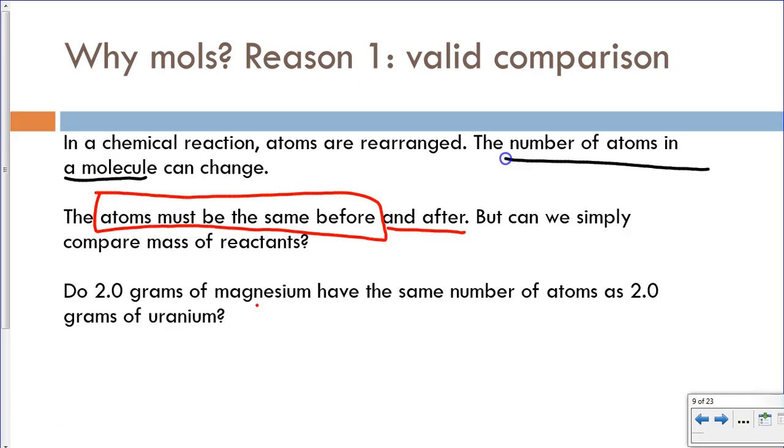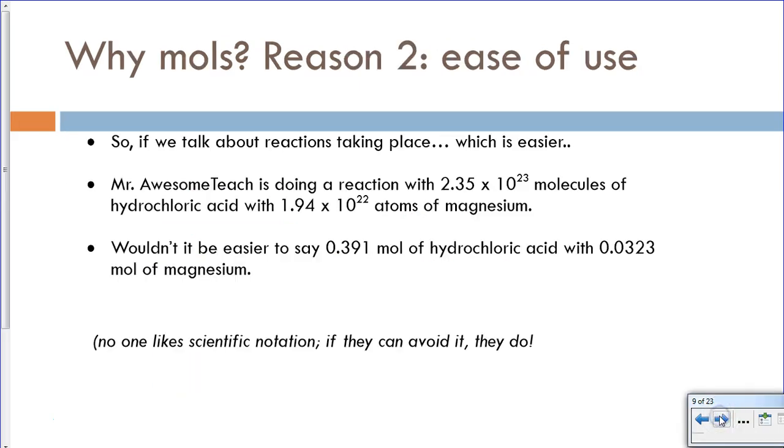If you remember doing models, magnesium is really small. It has a mass of only like 24 AMUs. Uranium has a mass of like 238. So these atoms are not the same size. If we look at the mass, we don't actually have the same number of atoms in 2 grams.